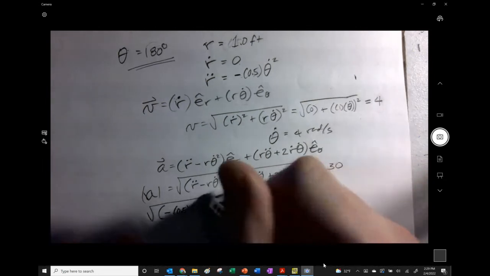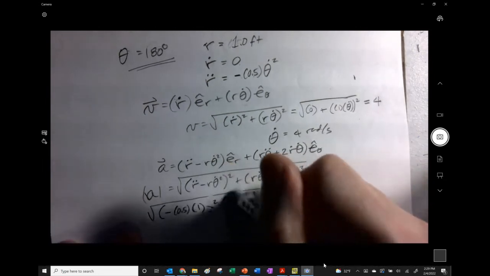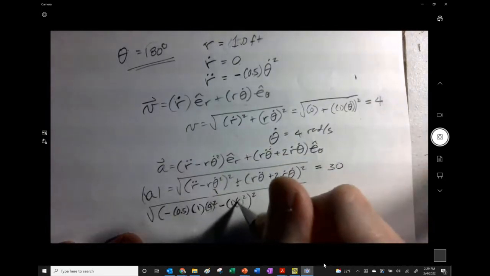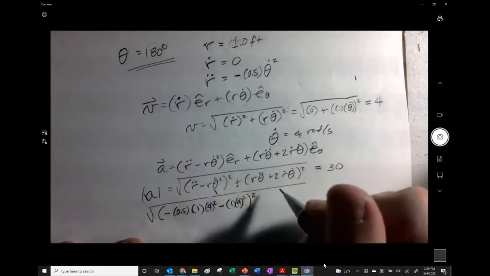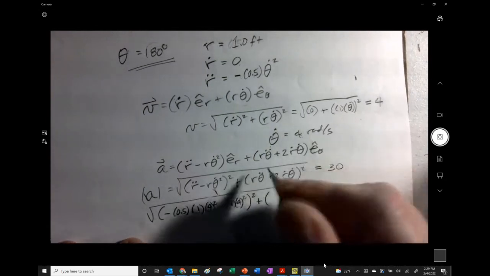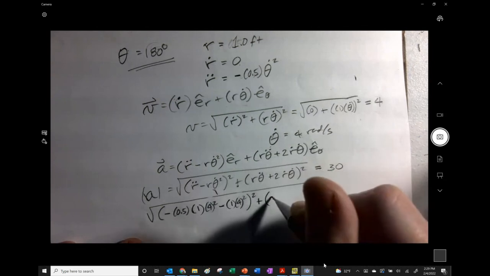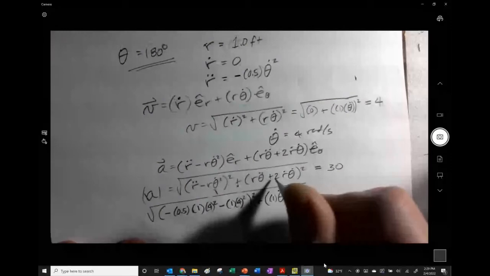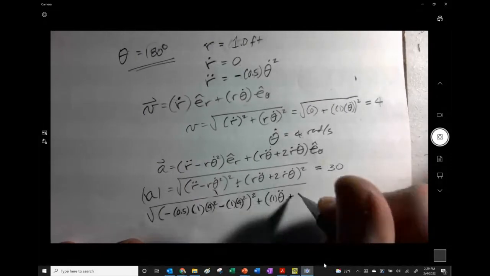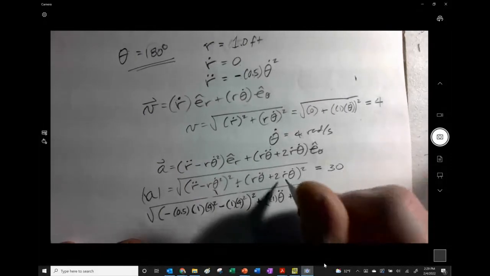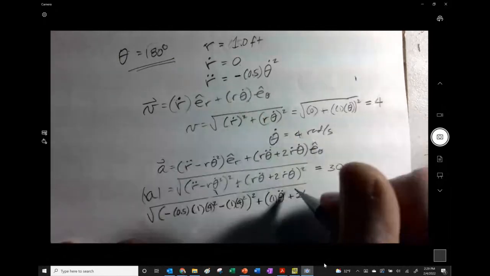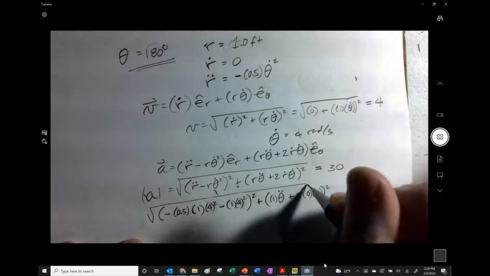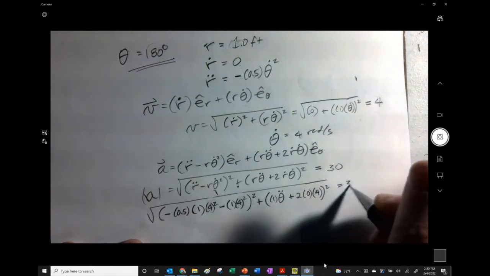Oh, and by the way, what we could have done, I'm sorry, why am I doing that? There's no reason. We have 4 up here, we could put 4 in there. Plus, we're going to have 1 right there, theta double dot, that's the last thing we're trying to find, plus 2 r dot, which we know is 0. So this other one didn't really matter, but we could put 4 in there for that, and then squared equals 30.